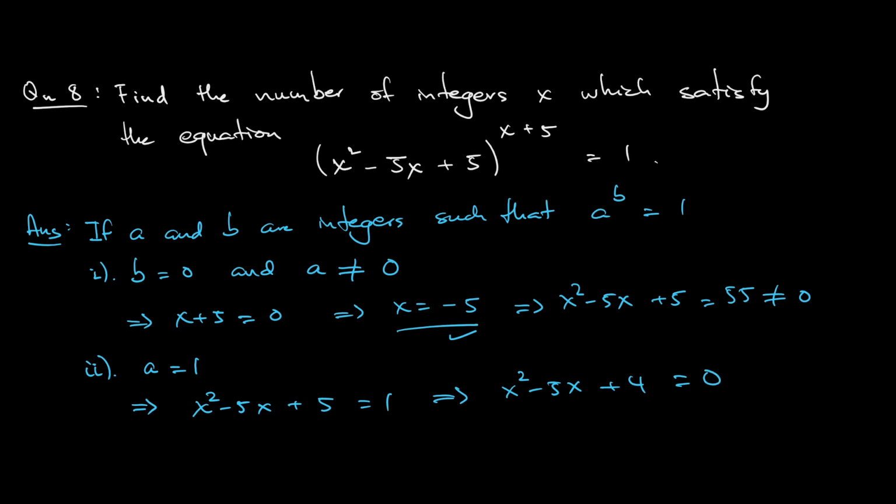This quadratic equation can easily be factorized into x minus 1, x minus 4. So x is either 1 or 4. So I have two more solutions here.